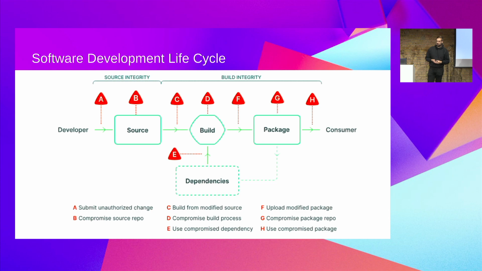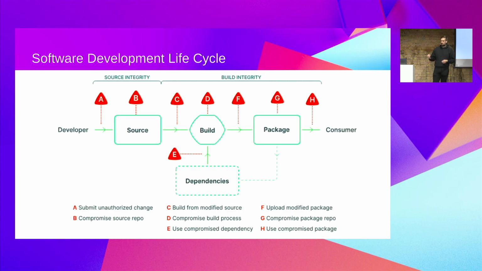At step A, an attacker can attempt to make illegitimate and malicious commits to the source repository, adding malicious code to the source tree. An attacker can also compromise the source repository itself, the infrastructure around it, and inject code that way.